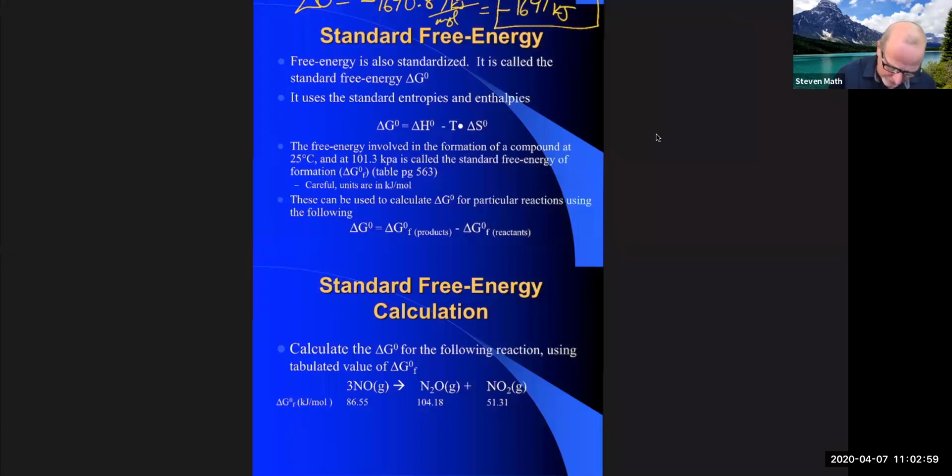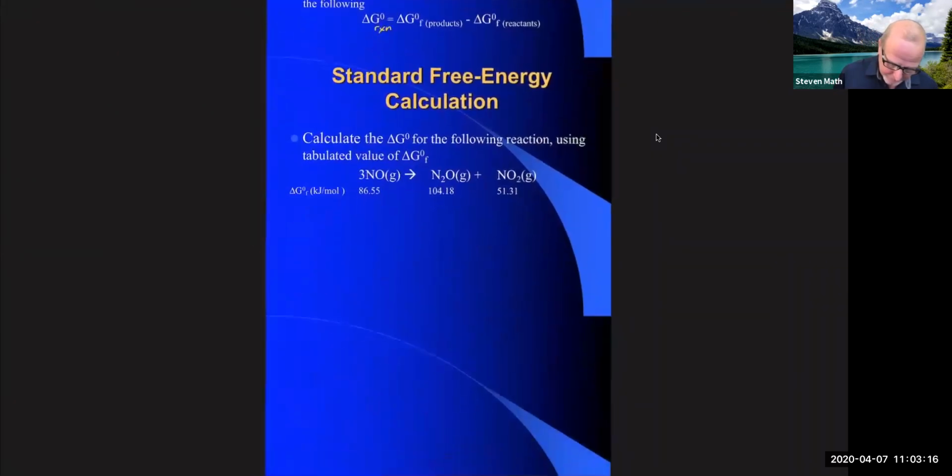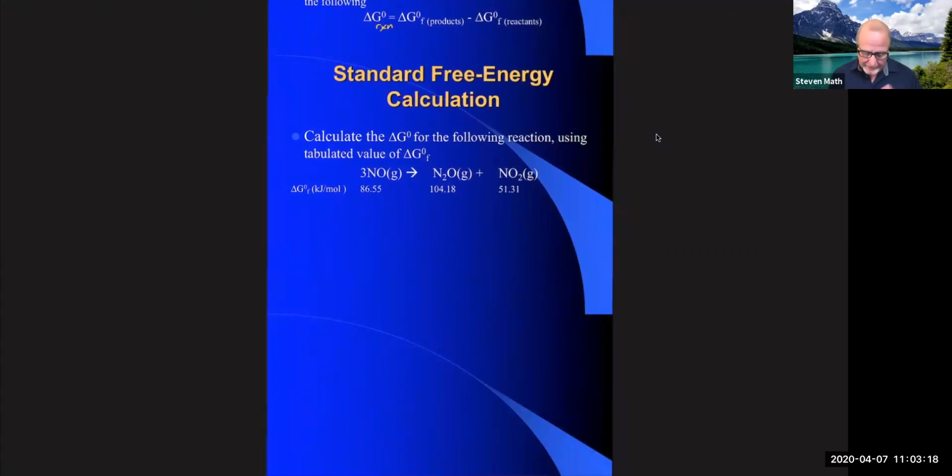And what's that G that we're looking at here? This is going to be delta G of the reaction is equal to the sum of the products minus the reactants. We've got to watch out for coefficients here, but they're going to work themselves out. So given the following, calculate delta G naught for the following using the tabulated values. They're giving us these.